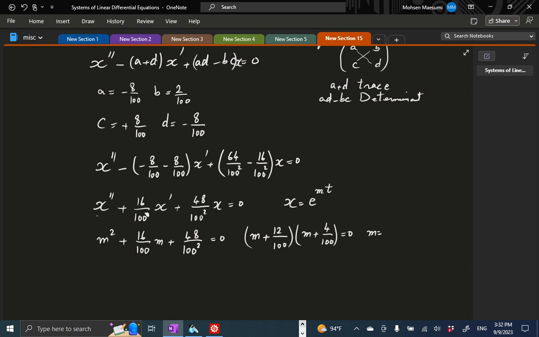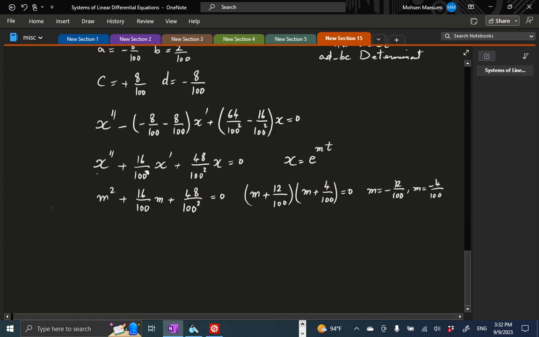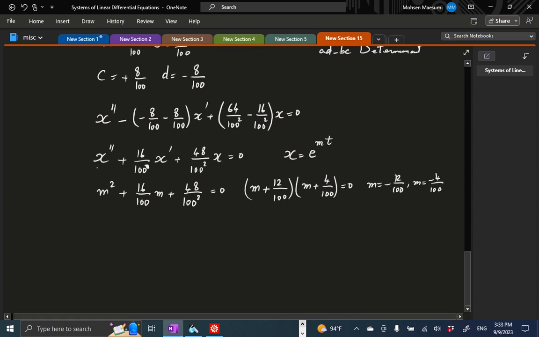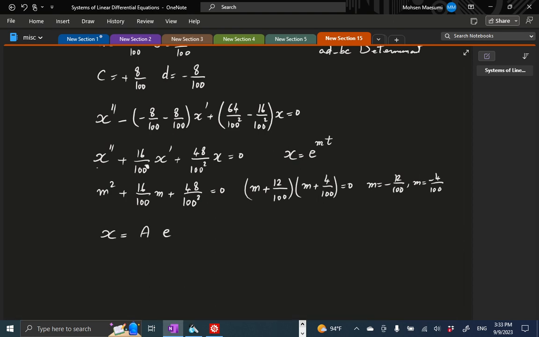So I get two roots. Luckily I get both of them real numbers, and then our solution becomes what? A times exponential of one of these numbers.